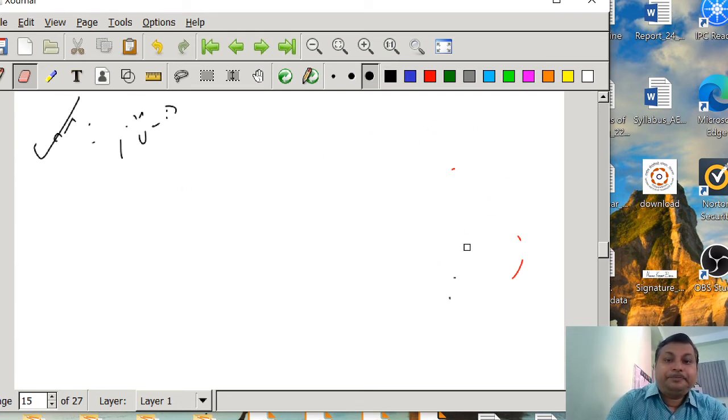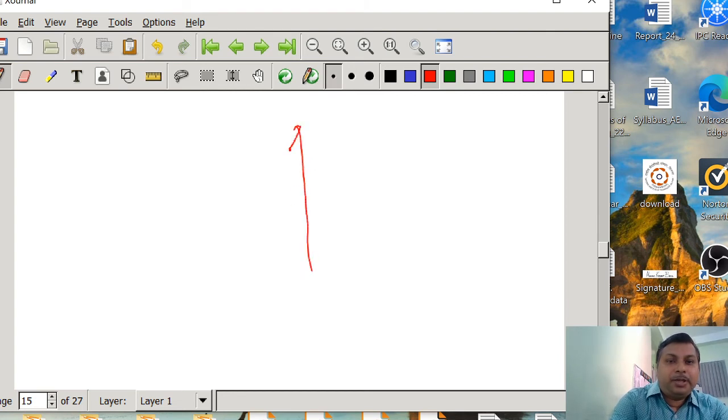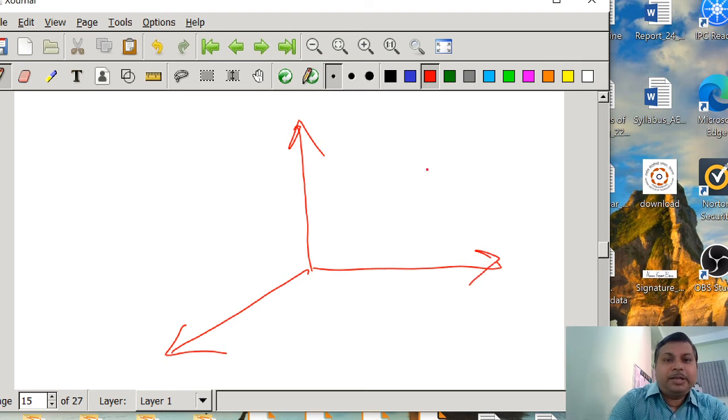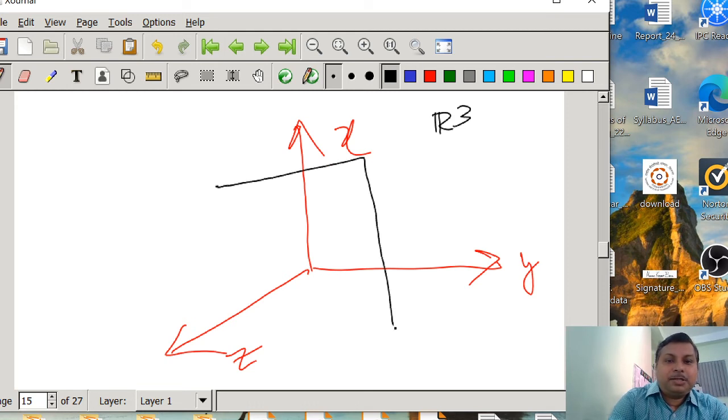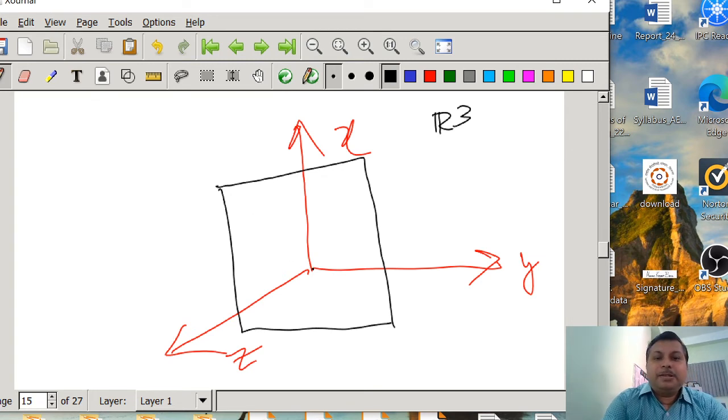We are in R3, so we can take R3 like this, that is x, y and z, and this is R3 and we are taking all such planes which are passing through the origin.